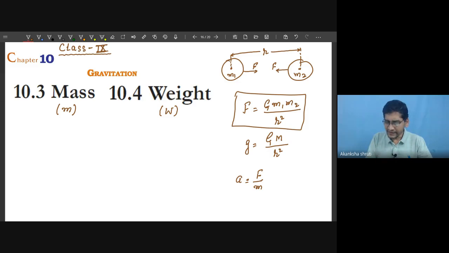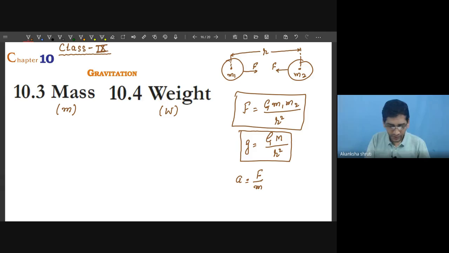If we consider one of the masses as Earth, then this force of gravitation is called force of gravity. Because of this force of gravity or earth pull, the acceleration produced is denoted by g and given the name acceleration due to gravity. So this is another important formula of this chapter.